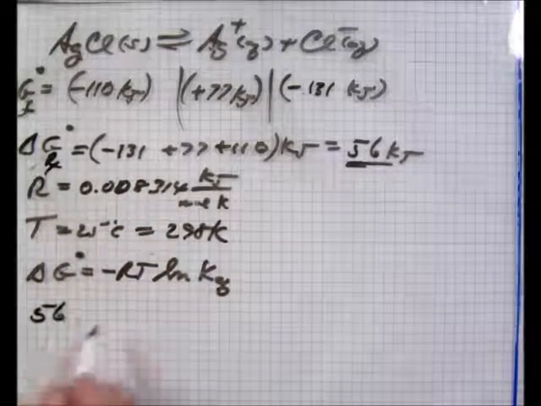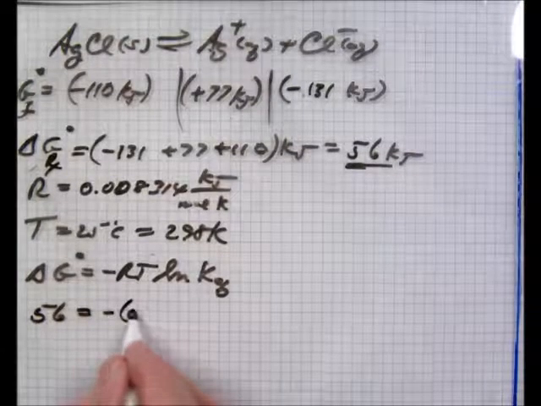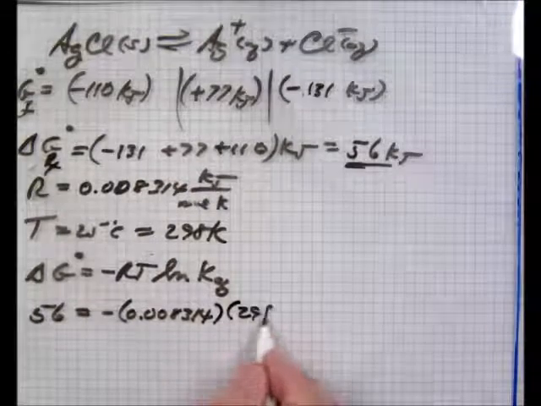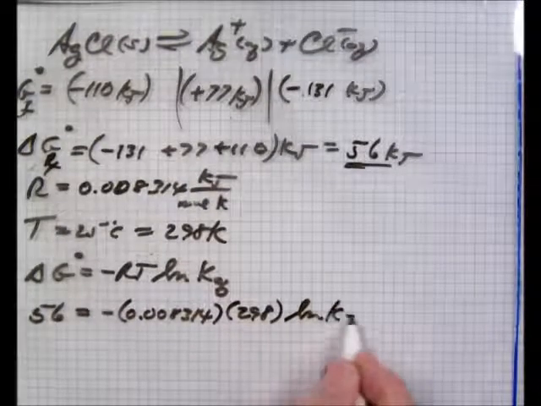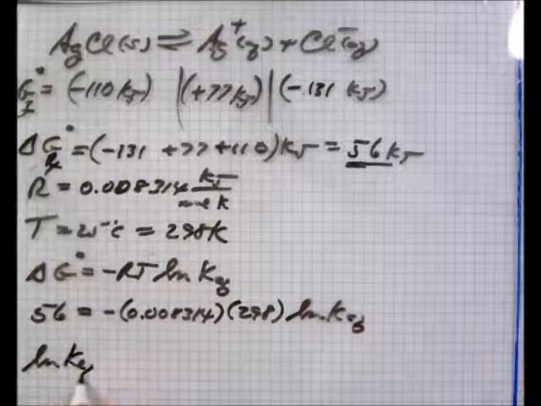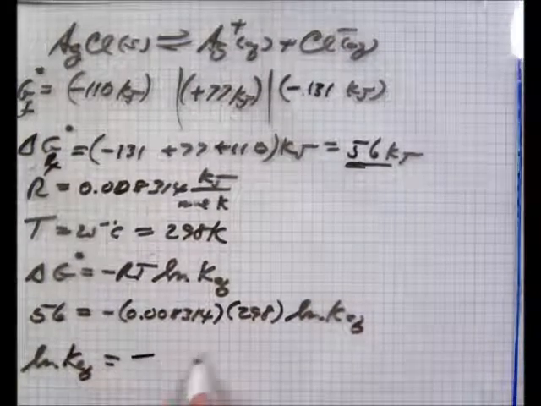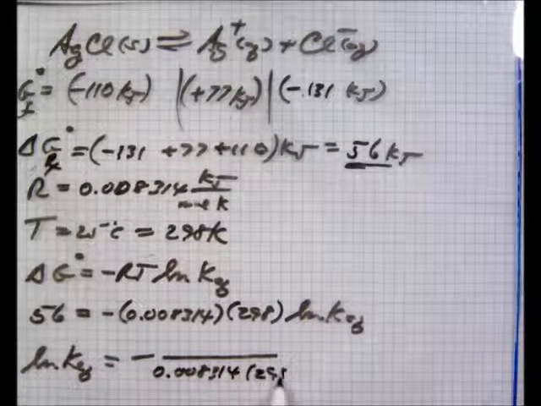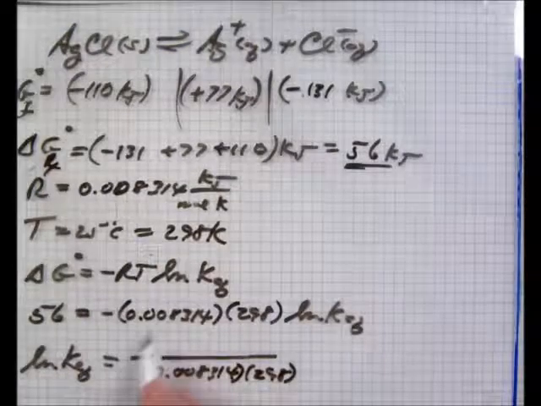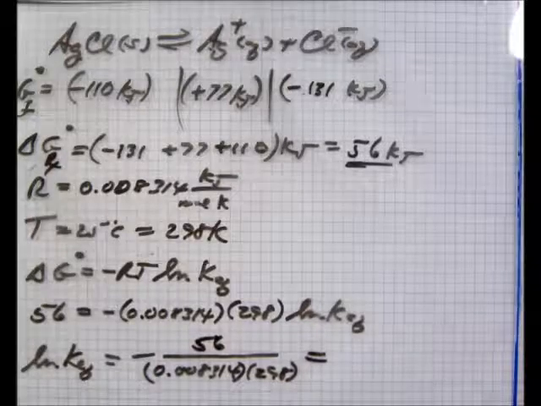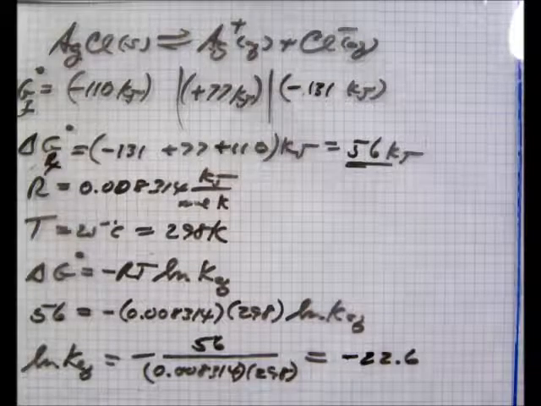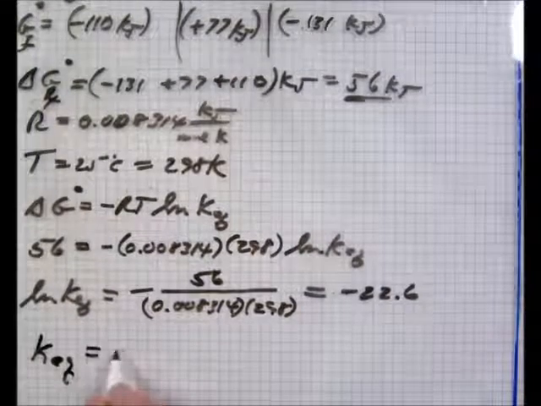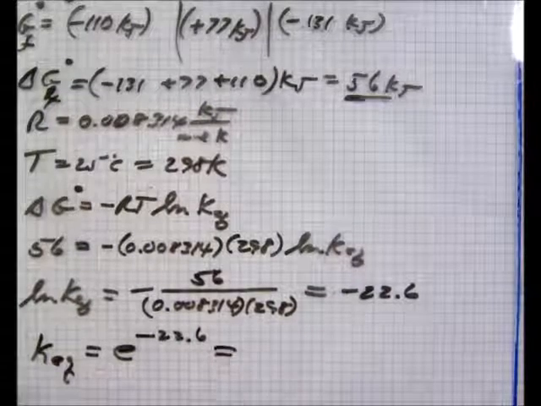So 56 equals minus 0.008314 times 298 times ln of K. So ln of K equals minus 56 over 0.008314 times 298, and now K equilibrium is e to the minus 22.6.